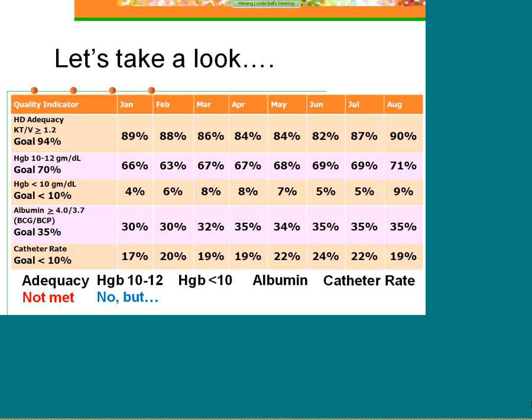How about the hemoglobin less than 10? It's spiked up in August. Okay. Yeah, for some reason it climbs back up there, but the goal has still been met. We're still under there, but you're right. I would keep an eye on September to see what happens, because if it continues to go up, if it goes up to 10, we're going to be right at that point where we're going to have problems.